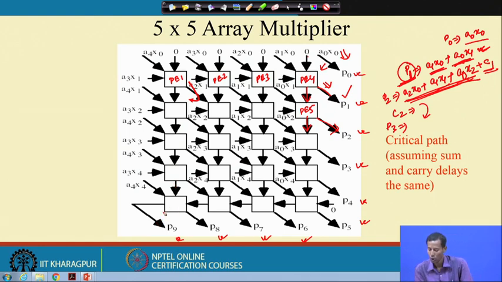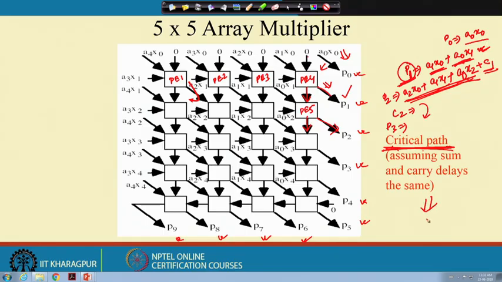Okay. Then what is the corresponding critical path in this case? Which one will be the maximum, that means the path from the input to the output. Where will I get the maximum depth if I consider this operation of the unsigned multiplier architecture?